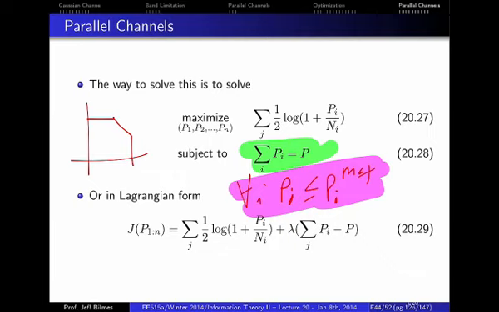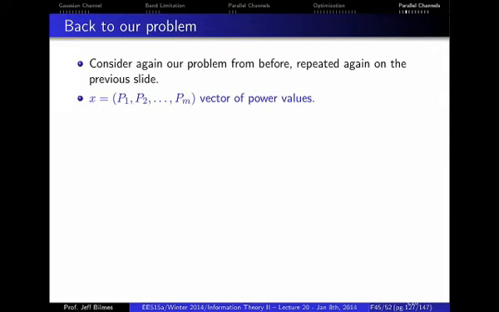So now we're back to our Lagrangian, which is what we might have done had we not spent all this time reveling in the theory of duality. We have a vector of values. X is the variable that we're optimizing over.